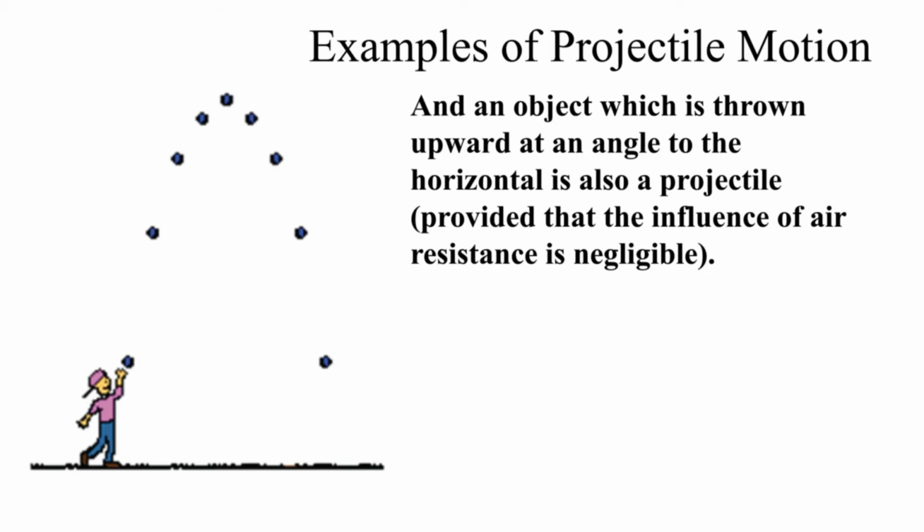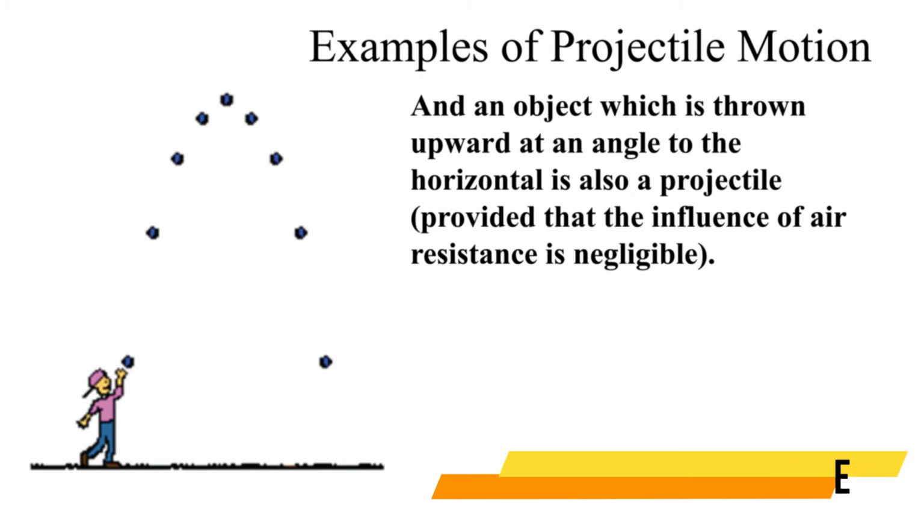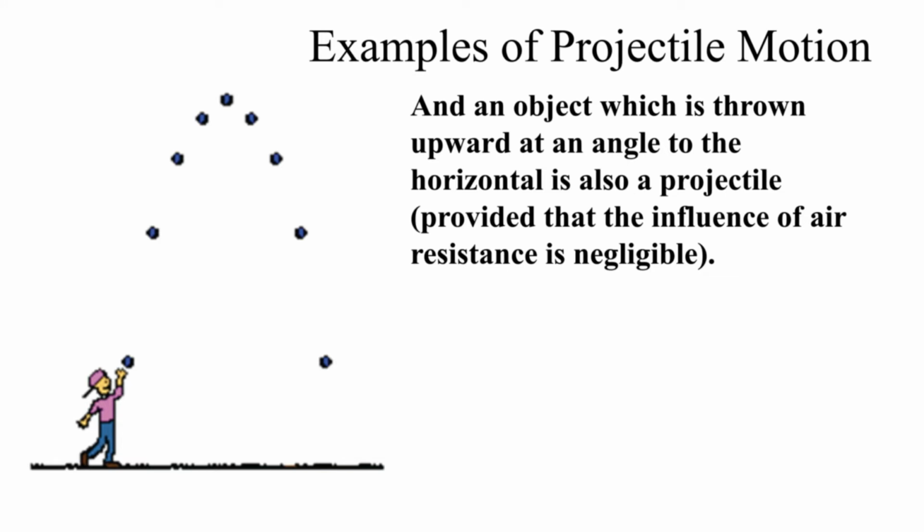The second one, the object is being thrown vertically upward. And now another object is being thrown upward, but this time it is being thrown at an angle to the horizontal ground. And there is a reason why this is being thrown at an angle.